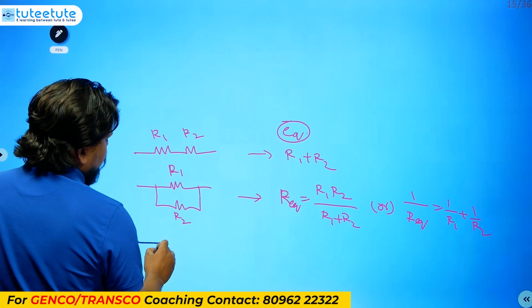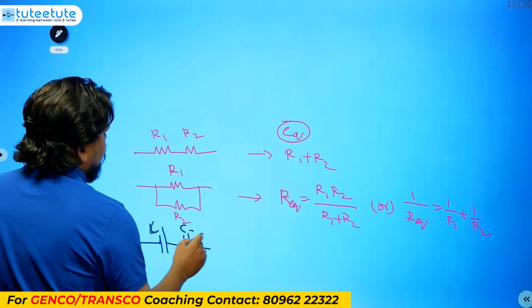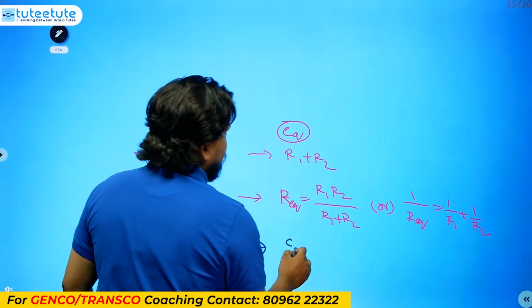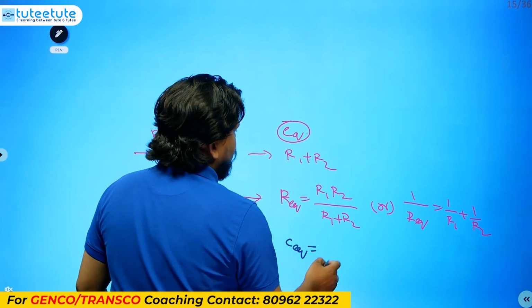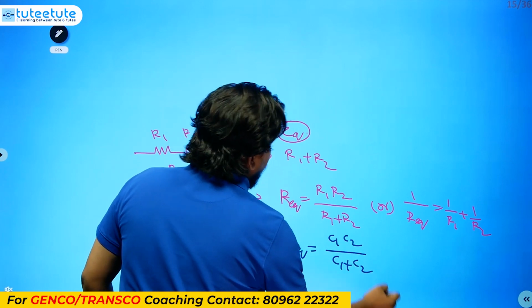If two capacitances C1 and C2 are connected in series, then C equivalent equals C1 C2 divided by C1 plus C2.